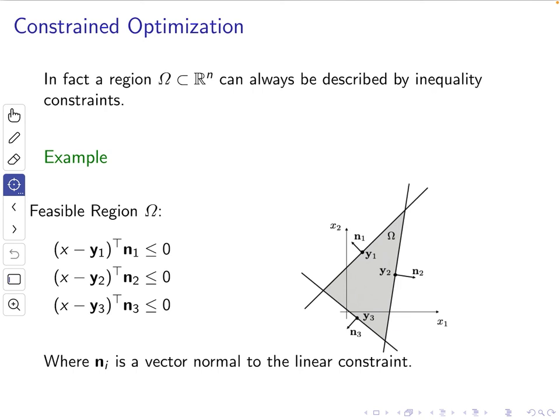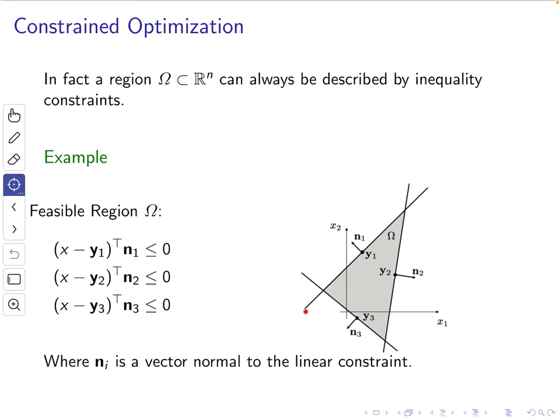Any region omega can always be described by inequality constraints by just looking at the boundary. Some kind of polygon can be written in terms of linear constraints.